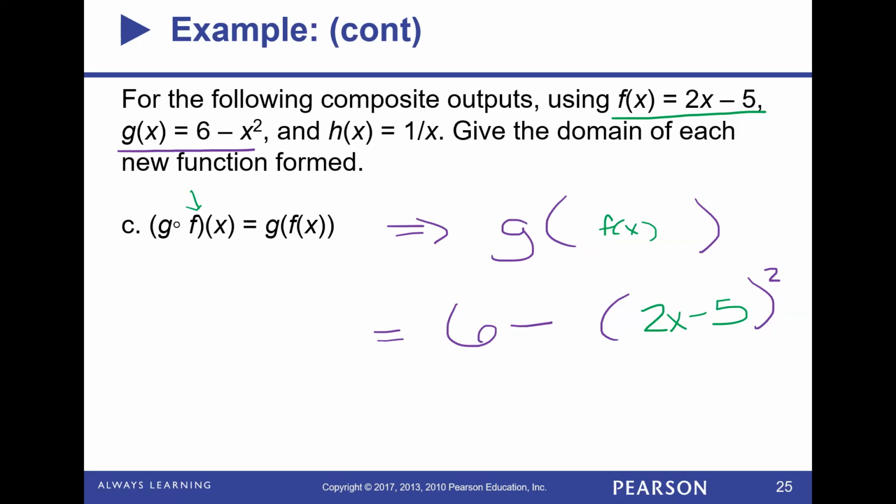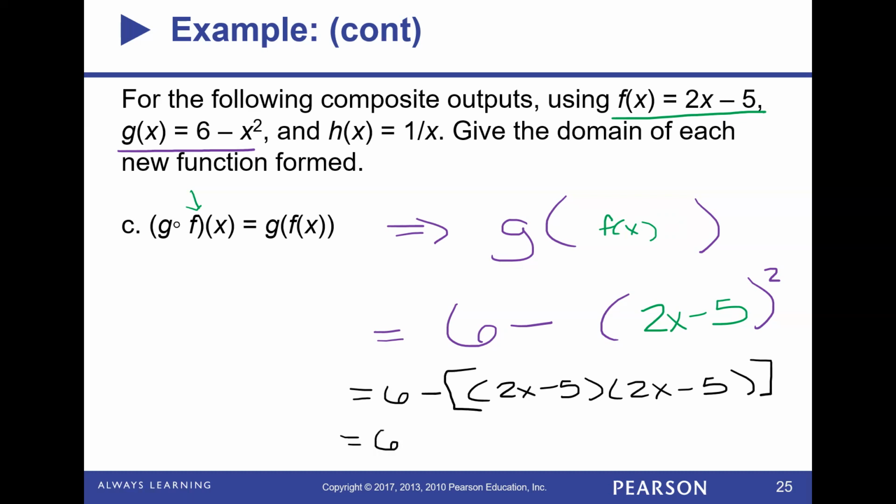Now, if you can simplify, go ahead and simplify. If you can't, this is not horrible, but I am going to remind myself that when I see 2x minus 5 there with an exponent on the top, that is basically multiplied out. So you're going to end up foiling that out, but I'm also going to put a big old set of brackets around this, because it's minus that whole multiplication. Multiplication comes before the subtraction.